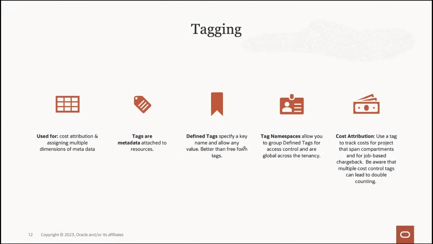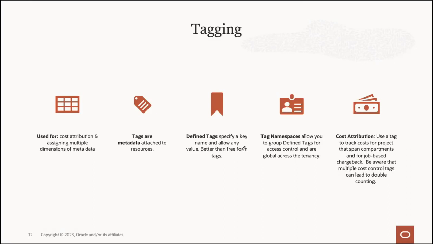We have cost tracking tags, and one thing to keep in mind is you do have a maximum of 10 cost tracking tags, but you can have multiple values associated with those cost tracking tags. So you can get as granular as you need to when you get into tagging.